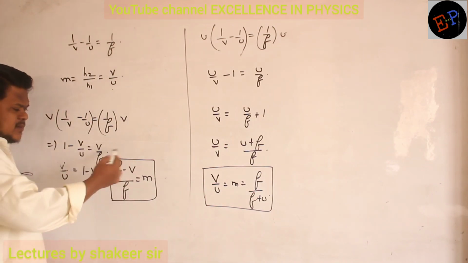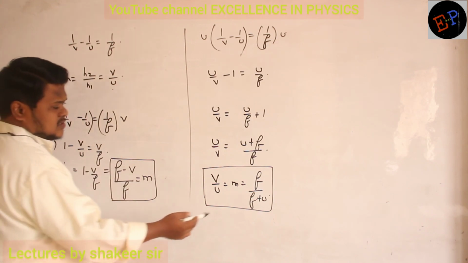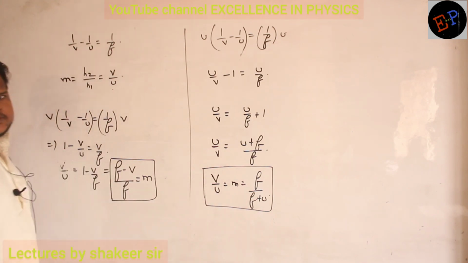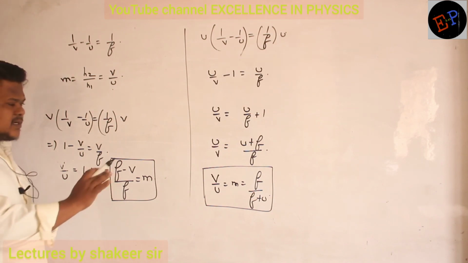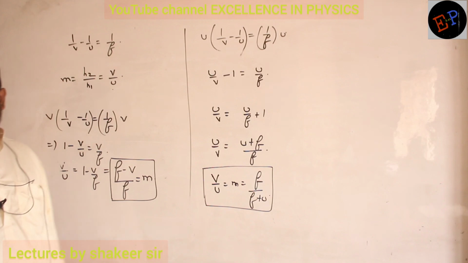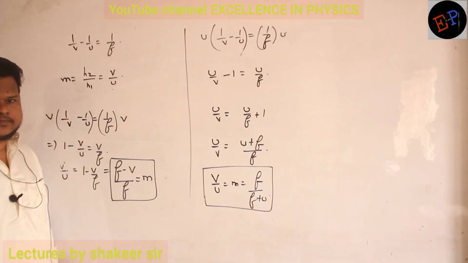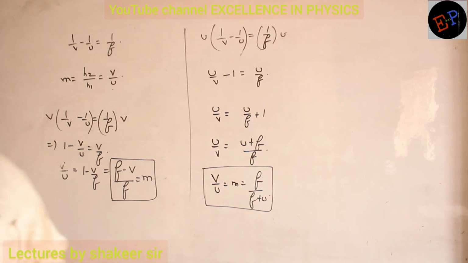For mirrors, this formula remains the same, F minus V by F, but for lens, instead of minus, you have to write plus. That is the difference between the magnification formula of mirror and lens. These small differences you should remember, otherwise you will always get confused. Make a note up to here.